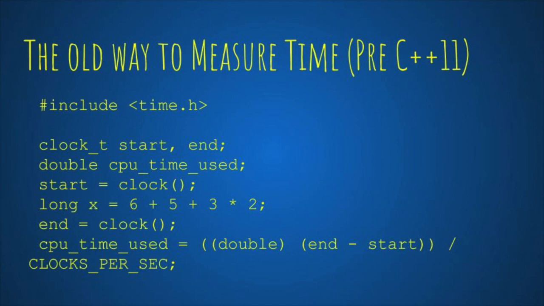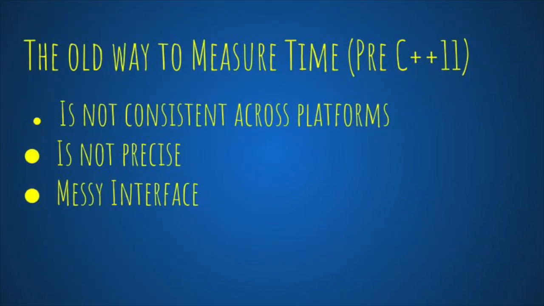Before C++11 came around, this older method of timing and performance testing does have some drawbacks. First of all, it is not really consistent cross-platform, meaning if you were to write such a program and run it on Mac, then on Windows and on Linux, you would not necessarily get consistent results.